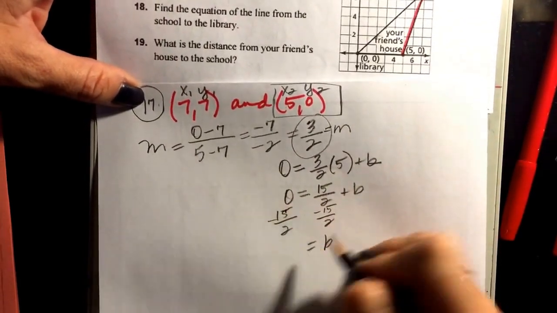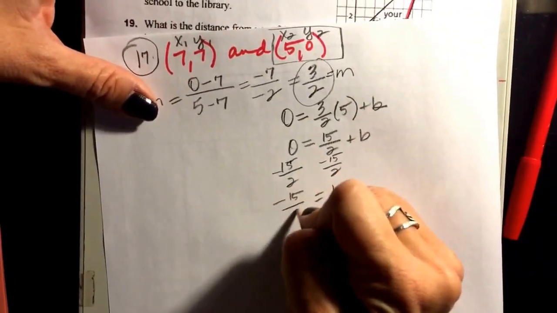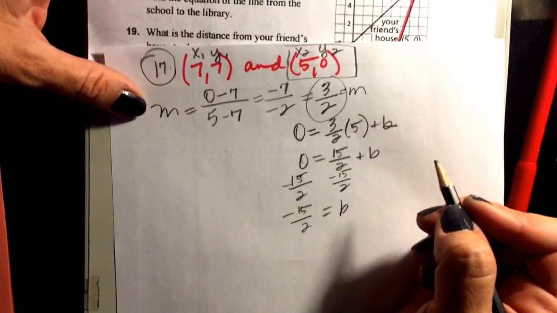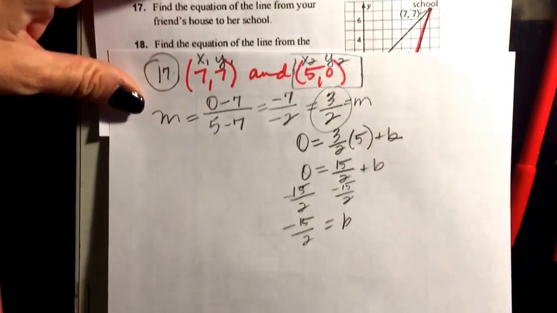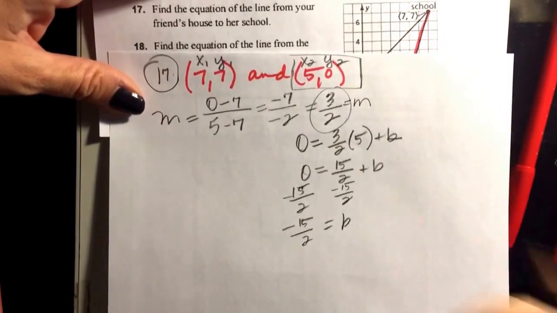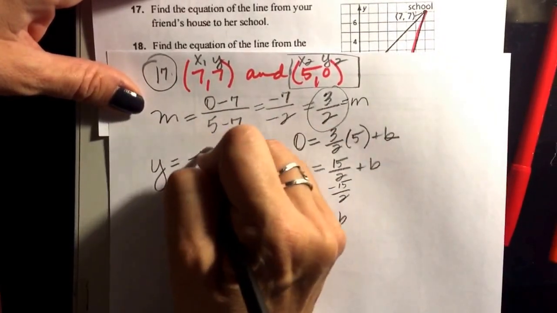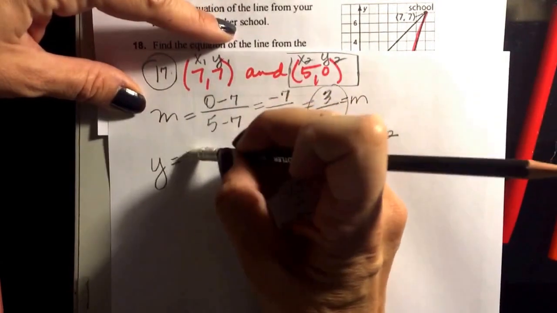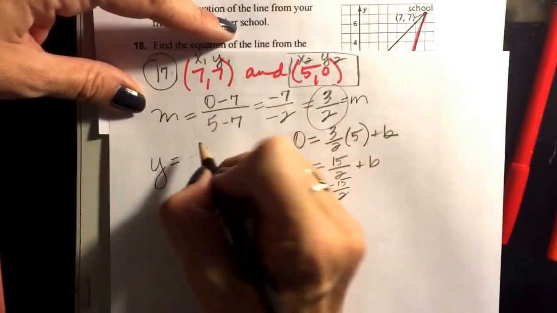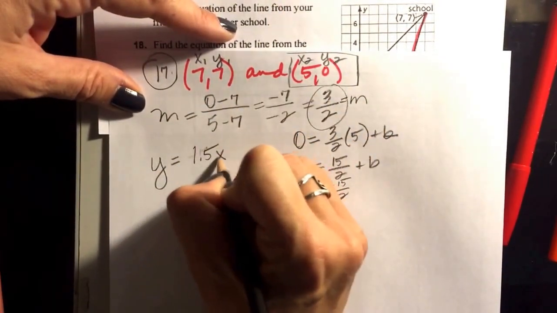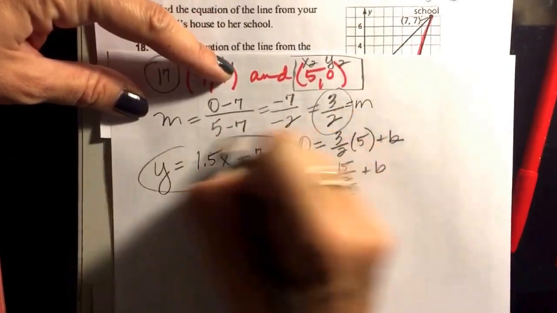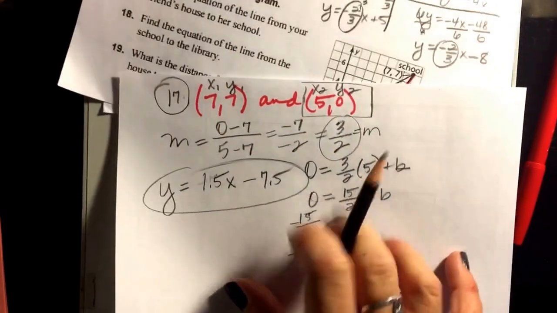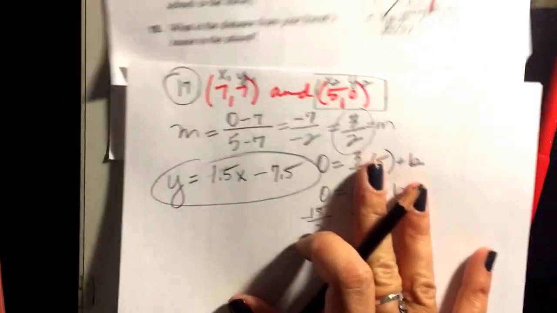And I'm going to find out that b is negative 15 halves, which is actually negative 7.5. So the equation of the line from your friend's house to school is, oops, the slope is 3 halves. Y equals 3 halves, which is 1.5, x minus 7.5.